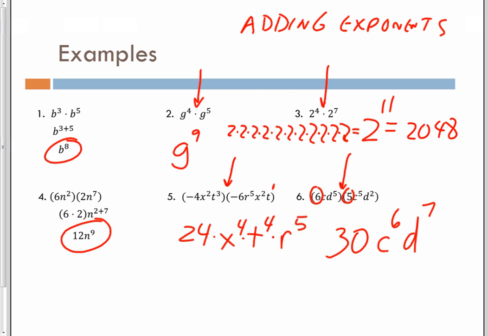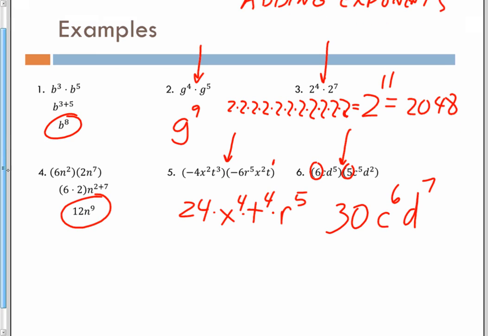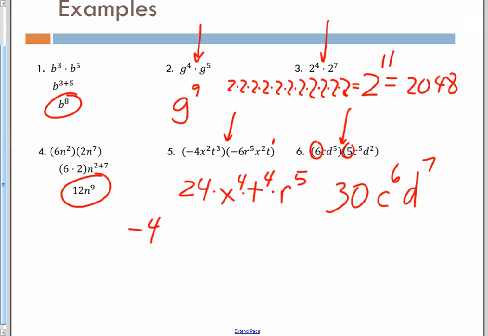You can do this anytime you're confused. It's called expanding the problem. If I don't remember a rule, write everything out like this. Negative 4 x times t times t times t. Then you can actually count up what you have in front of you.